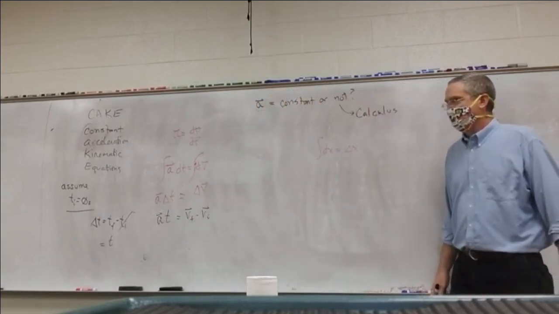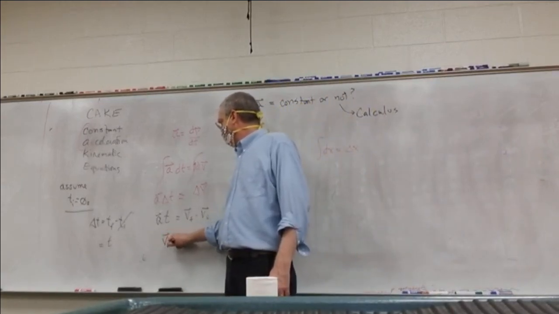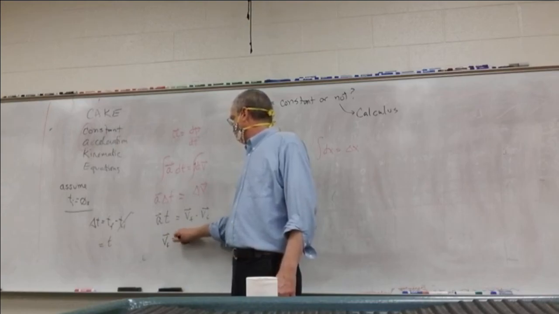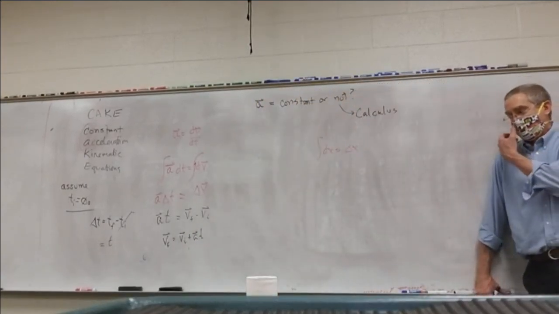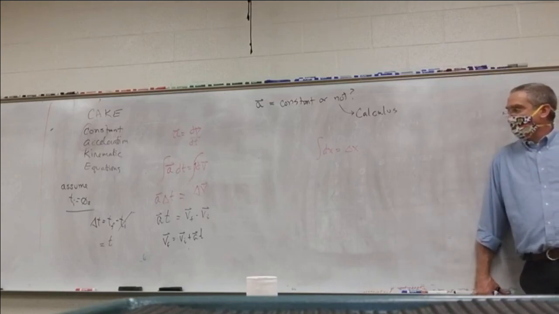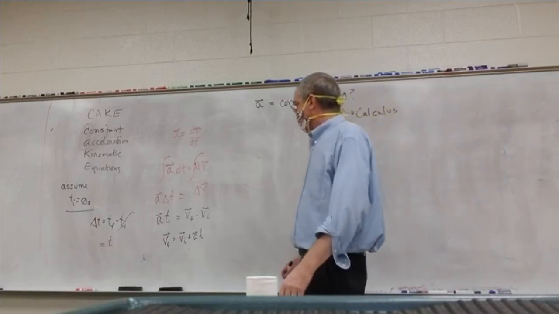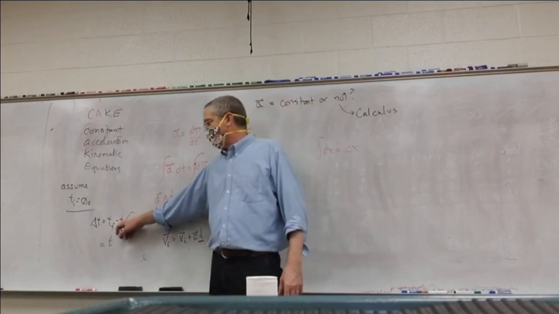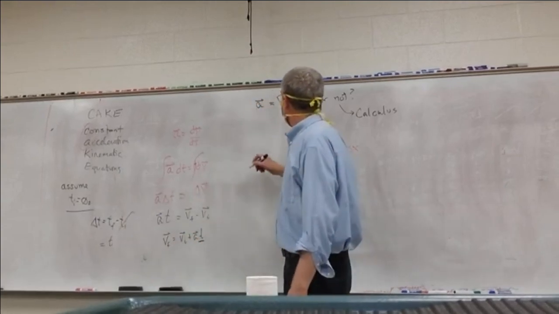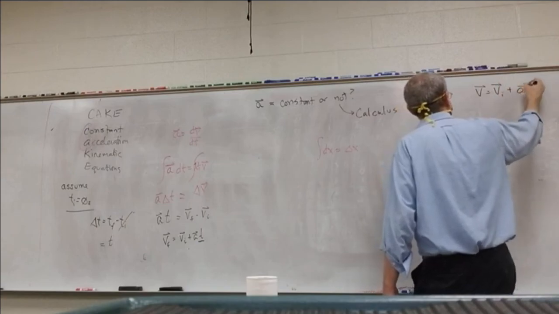And then putting it in a more standard form, Vf is equal to Vi plus at. If you put delta t there, it's not wrong, I just simplified it. And we can write it a slightly different way: at some time t, we have some velocity. And so just like we dropped the f from that, we could drop the f from here, and we could write this as v is equal to vi plus at.